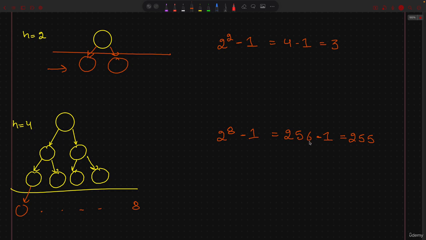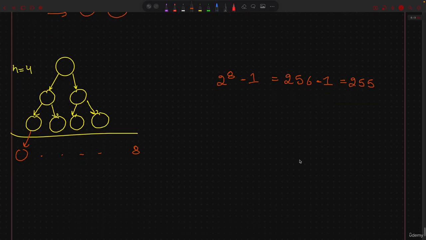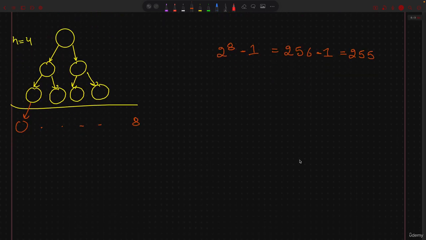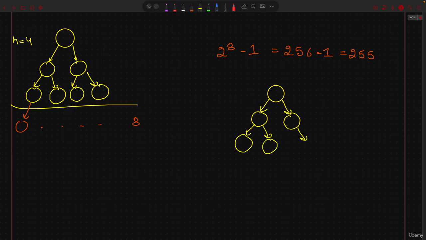So let's see what we are missing out here, everyone. The problem is that yes, we are able to make binary trees which are balanced and with a given height, but we are missing out on some cases. One of the cases which we are missing is something like this. So I have a tree. This makes the height 3, and this particular tree has height 4 and it is balanced as well.